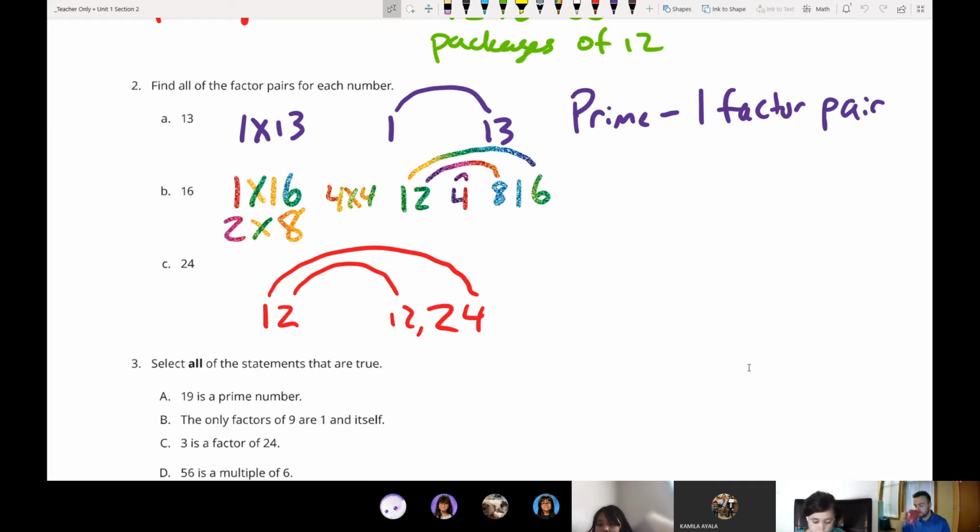Yeah. Can you multiply? Okay, what's the number that it multiplies by to get to 24?